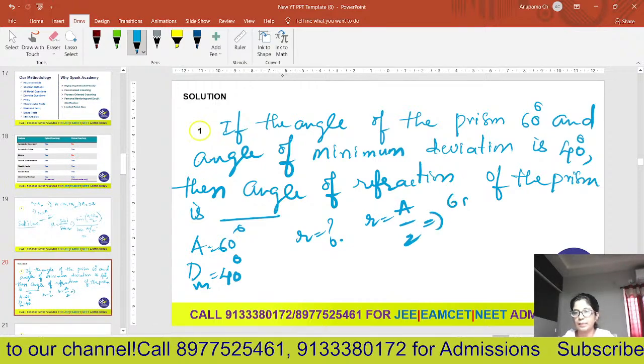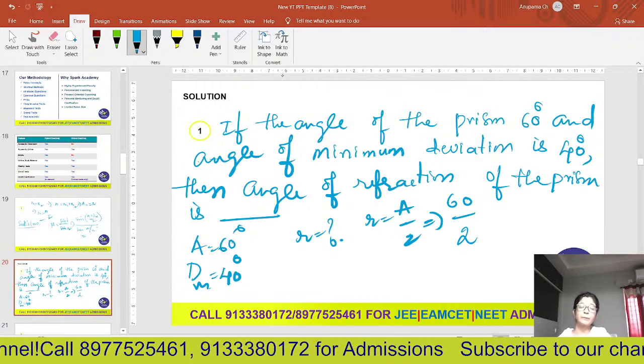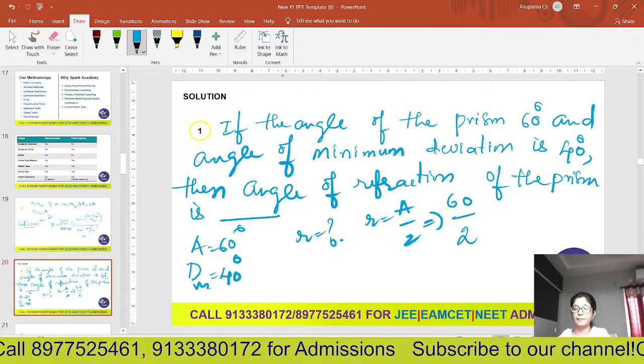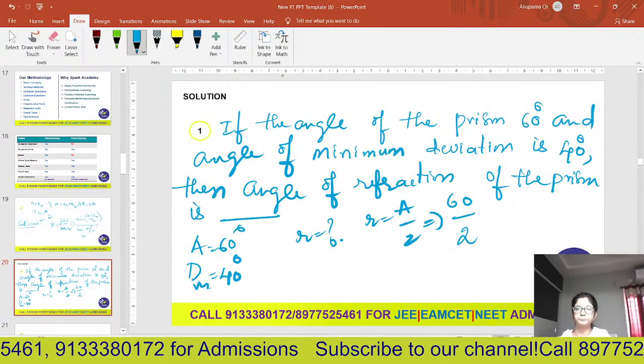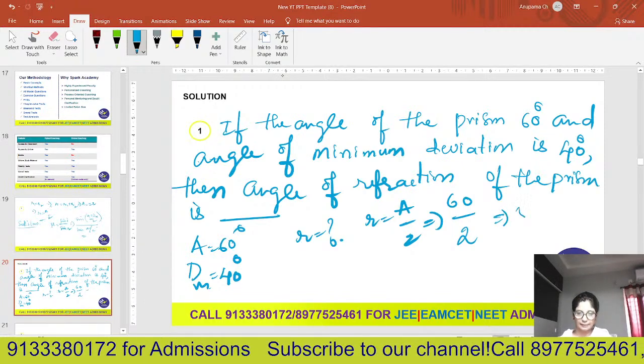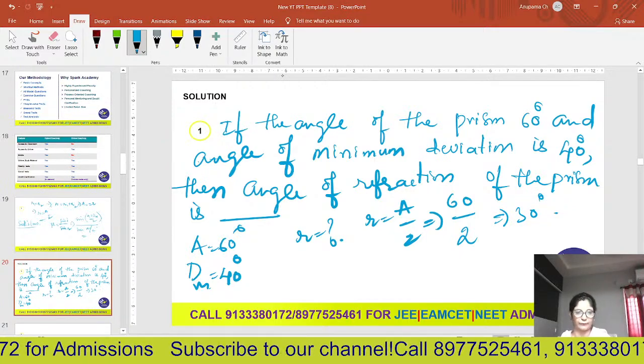That is 60 by 2, which is 30 degrees. No need of deviation also. But with minimum deviation, he gave R, but we'll do one thing. We'll also find out the I value. He didn't ask, but still we'll find out.